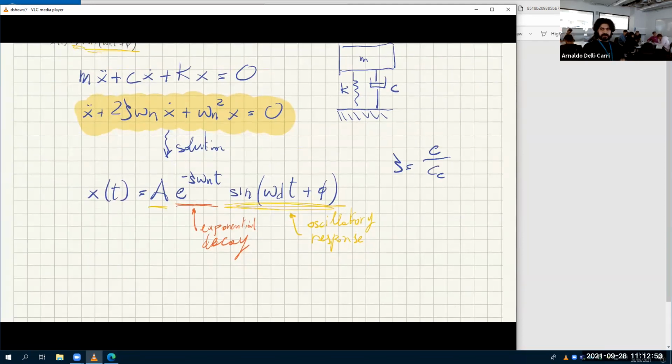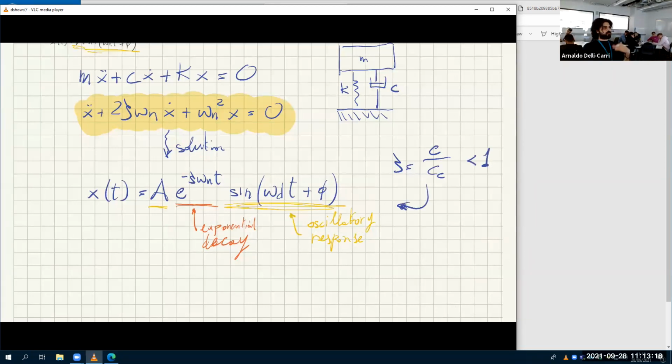Now this critical damping coefficient tells you if the solution is this one or it's another kind. You have three. So I told you the solution is this, but I kind of lied, because the solution is this only if zeta is smaller than 1.